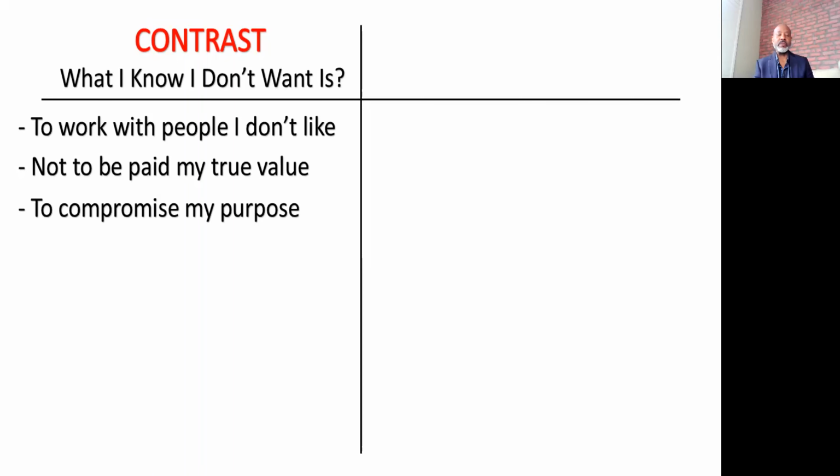So this is what you're going to do. You're going to take 5 minutes. You're going to put me on pause. Ask yourself the question out loud. What I know I don't want is. And then just pay attention to what comes up for you. Write it down. Okay, we're going to take 5 minutes, write down all your contrasts, and when you're finished, unpause and come on back.